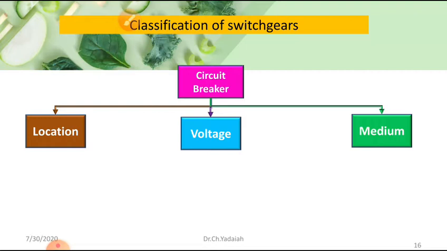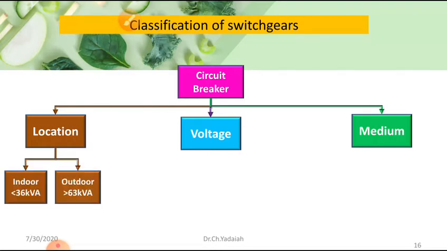Based on the location, indoor and outdoor: less than 36 kV we can say indoor, and from 36 to below 63 kV we can say outdoor circuit breakers. That means above 36 kV we use them in the substation yard, not inside the building.